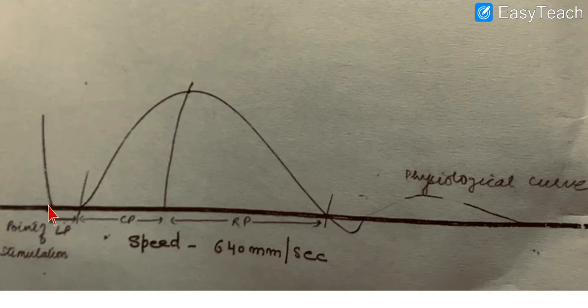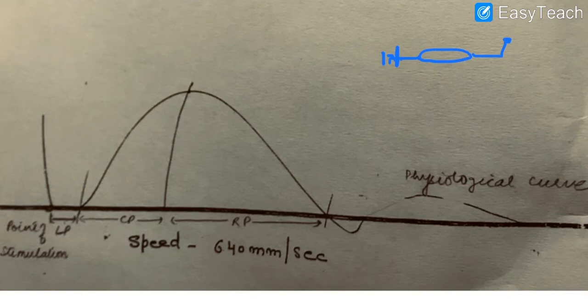As soon as we provide the stimulus, what will happen? We are providing the stimulus to the nerve. Say this was the nerve, and this was the muscle, and over here there was the drum. So, we are providing the stimulus at this particular point.